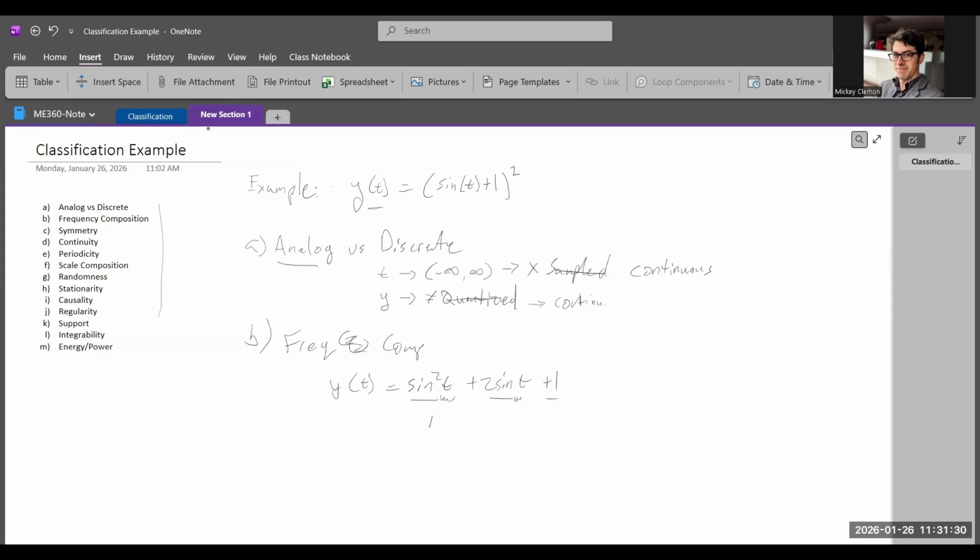Here we have a frequency of 1. And here we have a frequency of, well, it's constant. So these are the same frequency, which means we have a single frequency signal here.